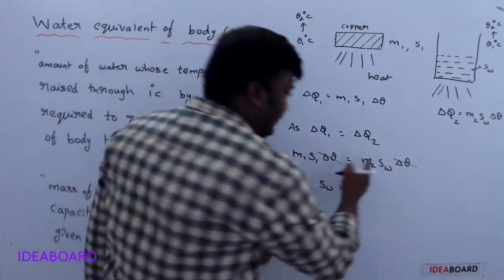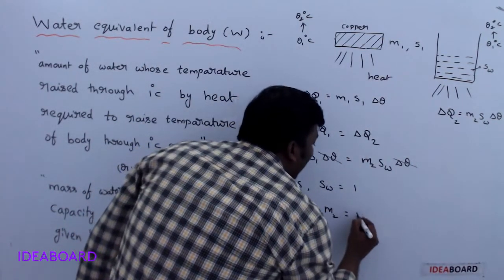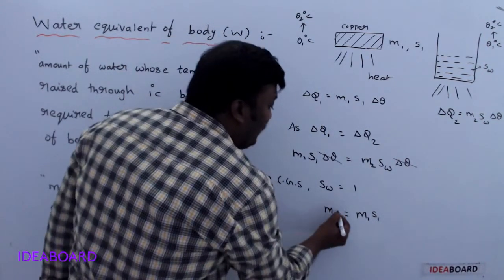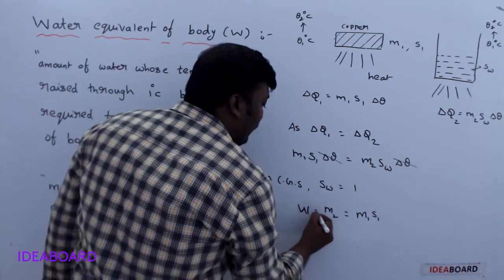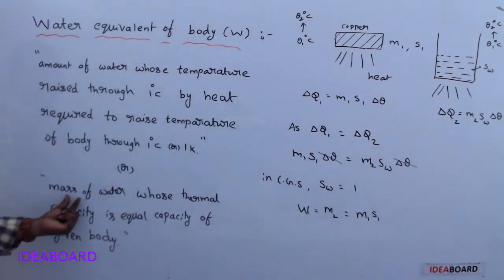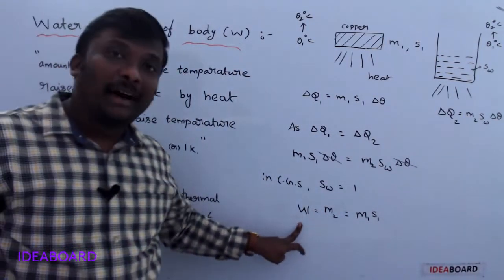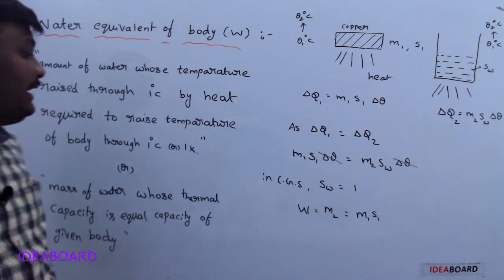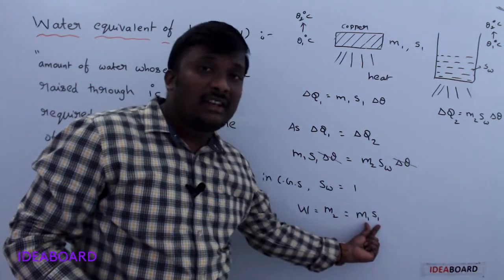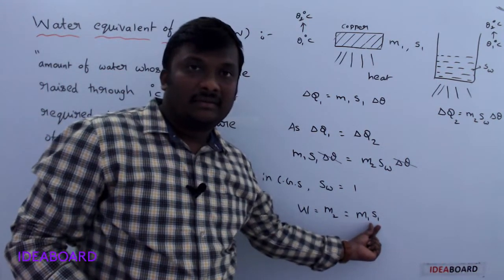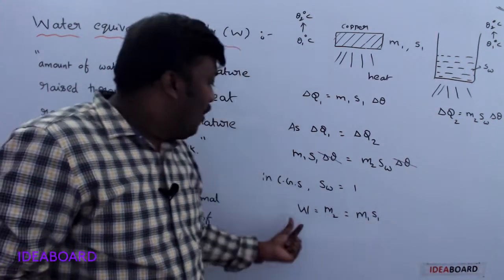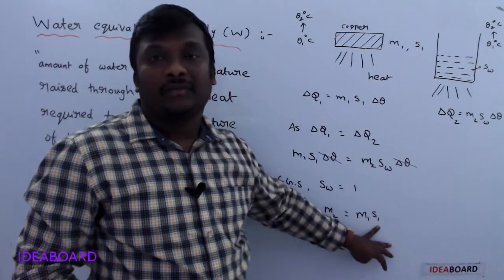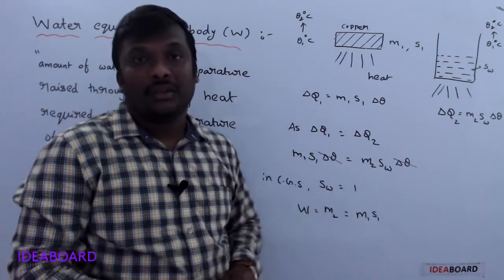Then m2 is equal to what we got? m1 S1. So this m2 is called the water equivalent. That's why it is the mass of water whose thermal capacity is equal to the heat capacity of the given body. m1 S1 is nothing but heat capacity. So water equivalent is nothing but the heat capacity of the body in Celsius units.